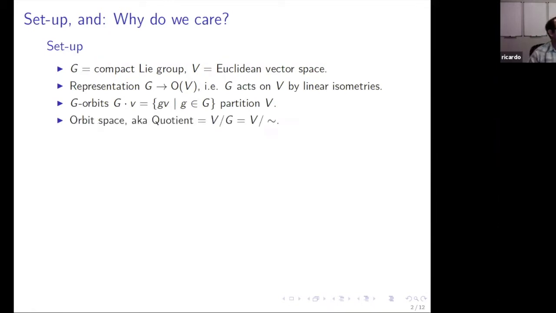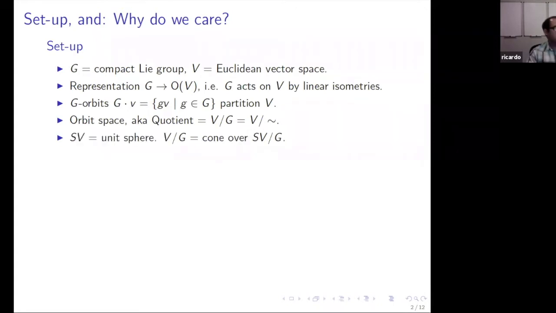And then we look at the orbit space, which I'll also call the quotient. You just take the vector space and mod out by this partition, so you identify any two points that are on the same orbit. And so you get this natural space.